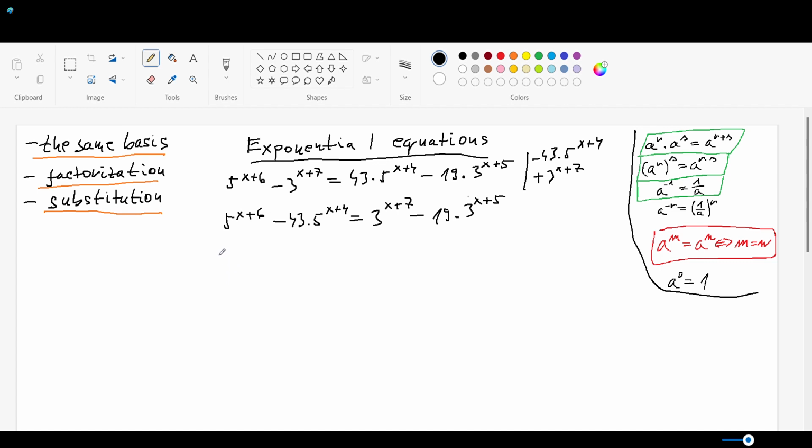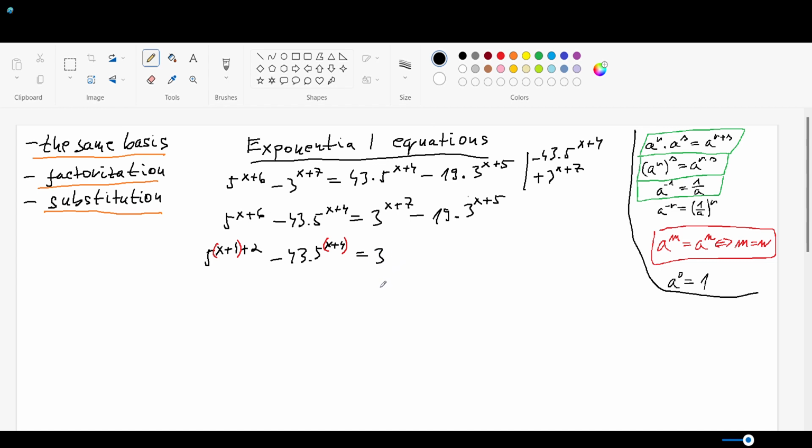Okay, if your answer was like this, I will explain in more detail that this can be rewritten as this one, take away 43 times 5 to the power of x plus 4. Why did we do so? Because you can see here is my exponent and here is my exponent as well. So this is going to be the common factor, and I will write it in more detail later on.